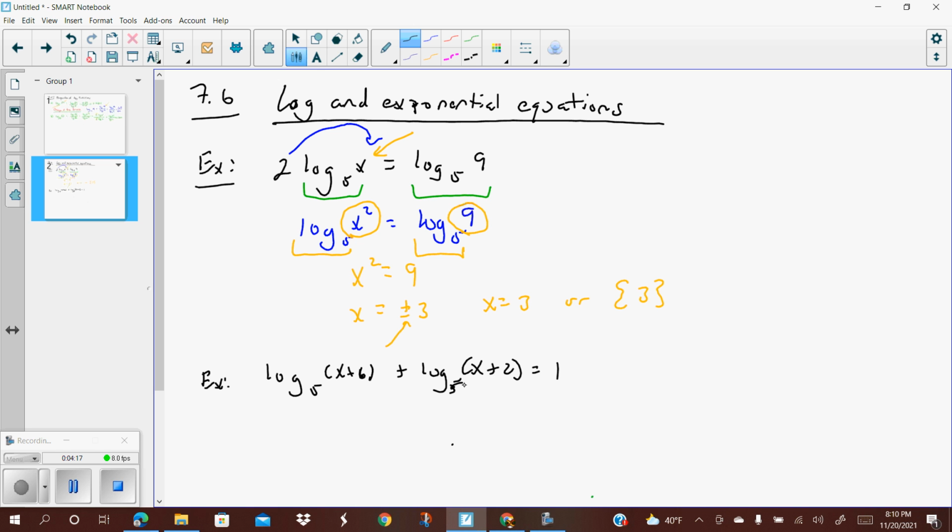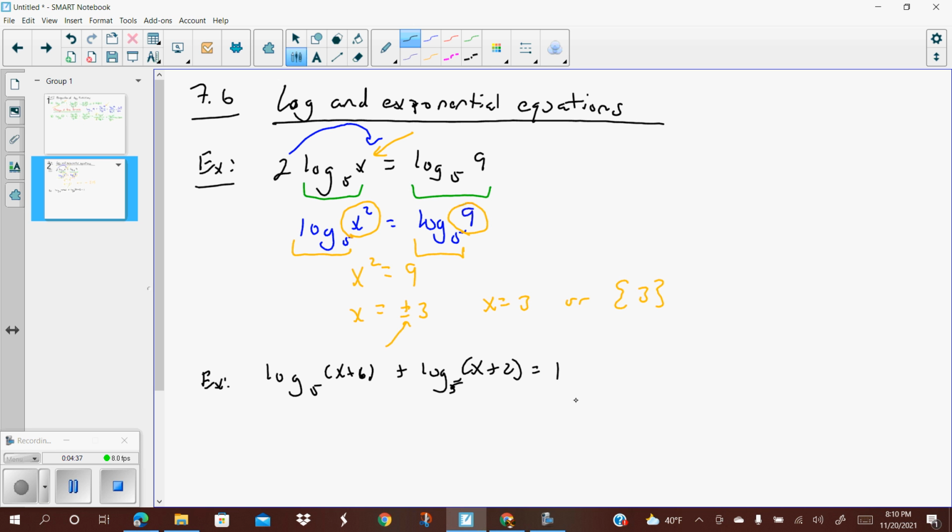This one's a little bit different. If I could subtract one of these two logs to the other side, move it basically to the other side of the equation, and all I would have is a log equals a log, that would be great. But I can't get rid of this 1 that's sitting over here. I would have 1 minus one of the logs. So I can't really do what we just did in the previous problem.